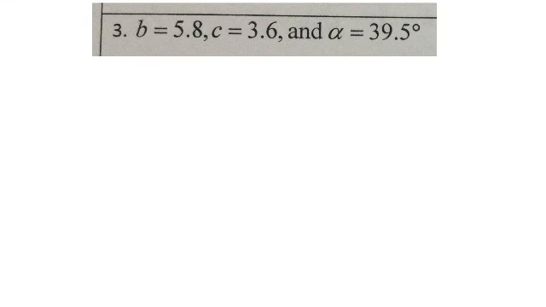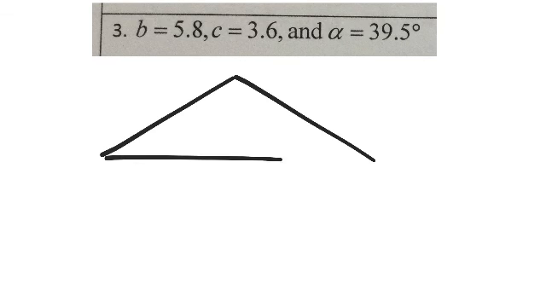Okay, so on this one, I've got two sides and the included angle. So this would be the side angle side case. So I'm going to draw it, set it up. I'm going to draw this as my angle that I know.